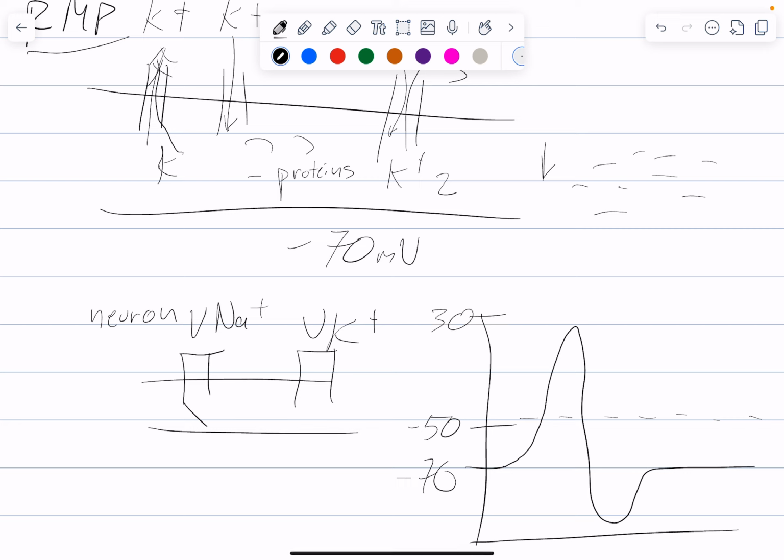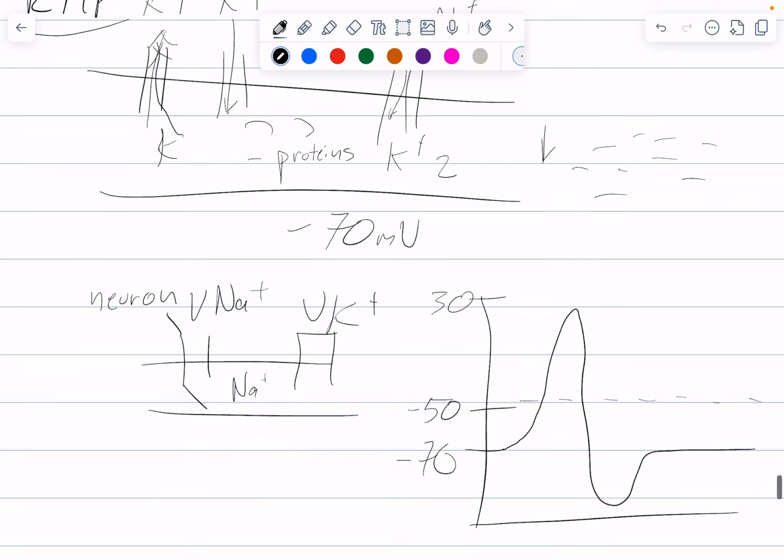So once it reaches threshold, this voltage gated channel opens, and sodium enters the cell, making it more positive. So the cell becomes less negative, and that makes it jump in the action potential.